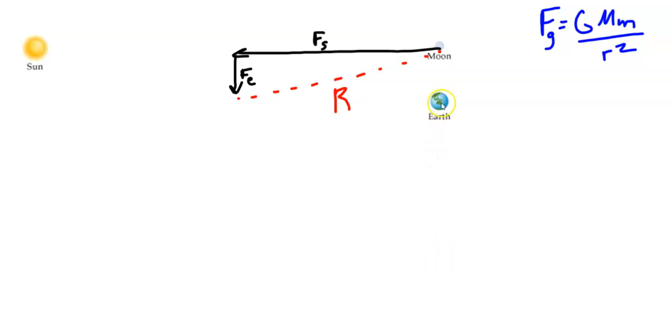So both the Earth and the moon are still gravitationally attracted to the sun, but maybe we don't notice that gravitational attraction as much because we're actually in orbit around the sun. So both the moon and the earth are in orbit around the sun. So you have to keep that in mind if you're trying to think deeply about this.